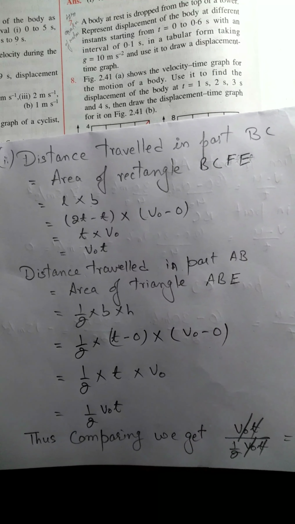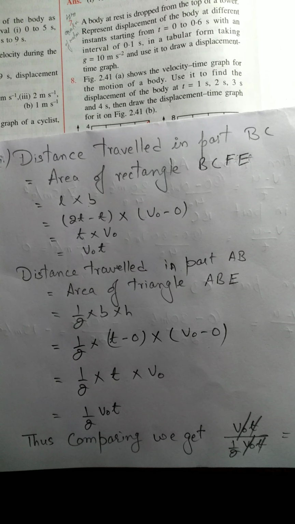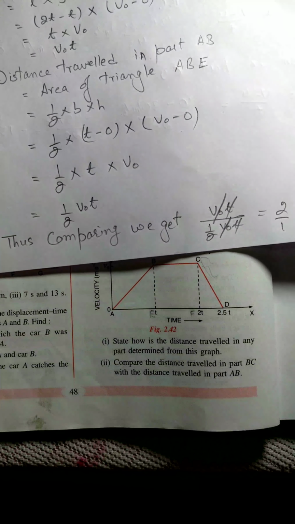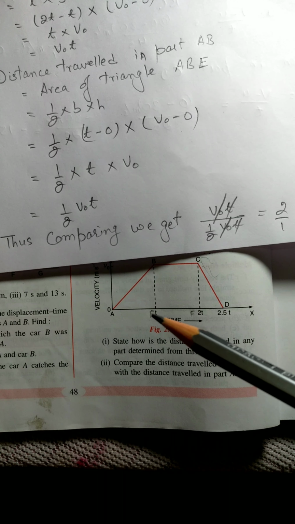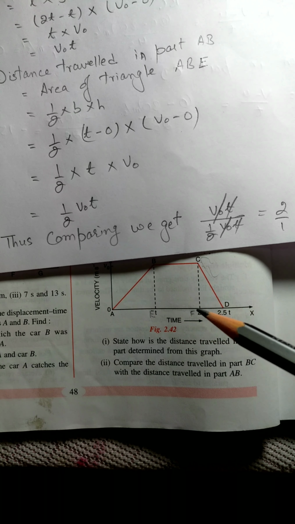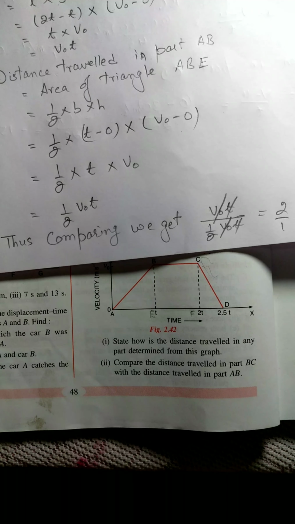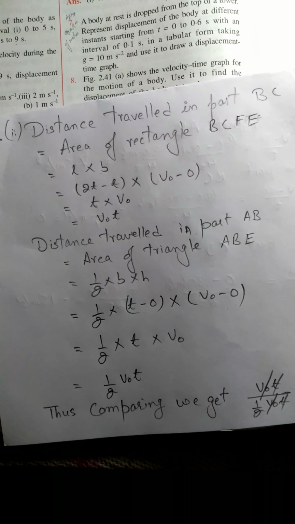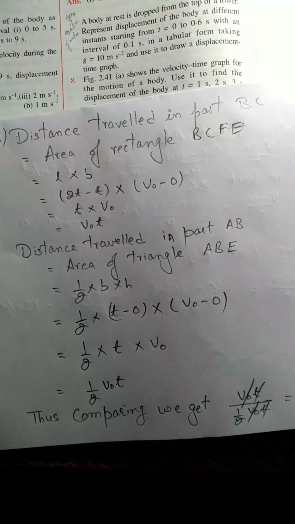So the distance traveled in part BC will be the area of the rectangle BCFE. In your book, E and F are not given. I've just marked this point as E and this point as F, because it will be easier for me to represent in a figure. The area of the rectangle is length into breadth.